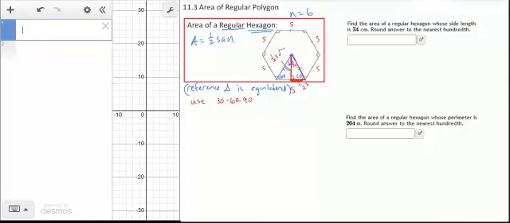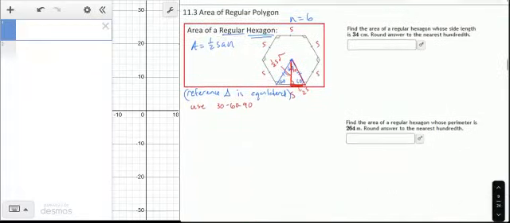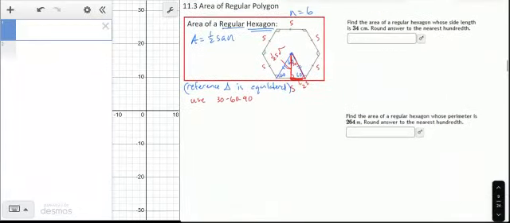You remember the pattern for a 30, 60, 90? We have this piece x, 2x, x root 3. So that means that we would wind up taking 1/2 of s times root 3.